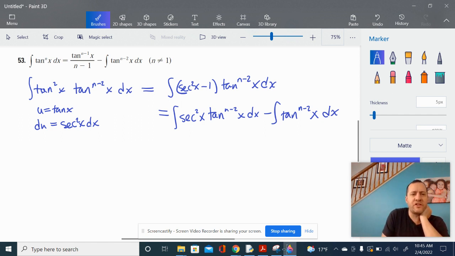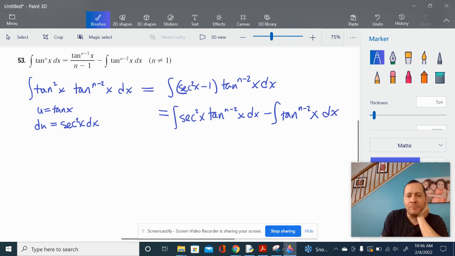When you see that there's still this integral on the other side, that's a clue to take this and split it up, right? Make it tangent squared of x times tangent to the n minus 2 of x dx. And then I'm going to have subtraction here. As soon as you think of that Pythagorean identity, again, it can kind of push you in this direction, I think. Yeah, it's tricky. I tried two other things on my own before I came back to this.